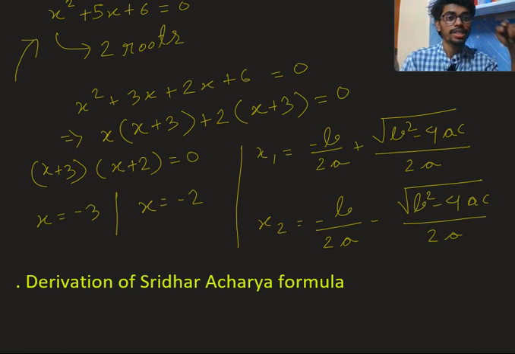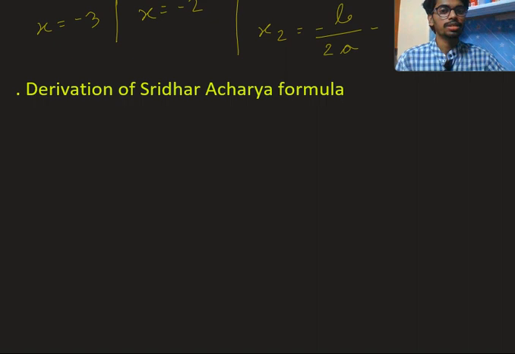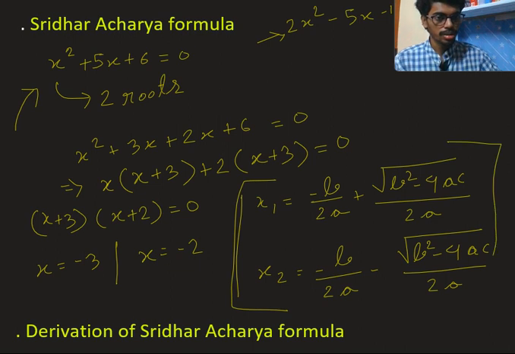Now you are wondering how we got these two formulas. So I'm showing you how this formula came, the derivation of Sridhar Acharya's formula. Remember these two formulas. We are also going to derive them, but please remember that the two roots differ only in the sign. x1 is minus b by 2a plus root over b square minus 4ac by 2a, and x2 is equal to minus b by 2a minus root over b square minus 4ac by 2a.